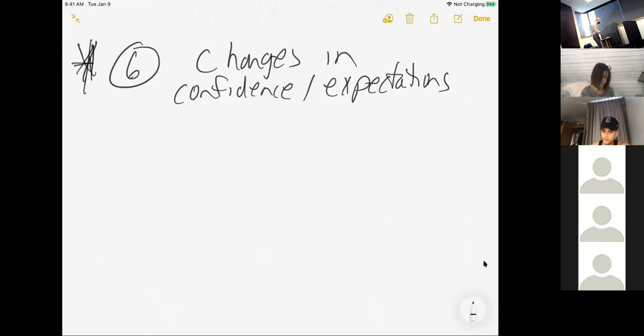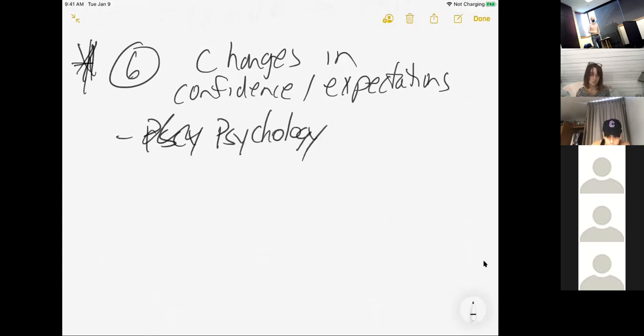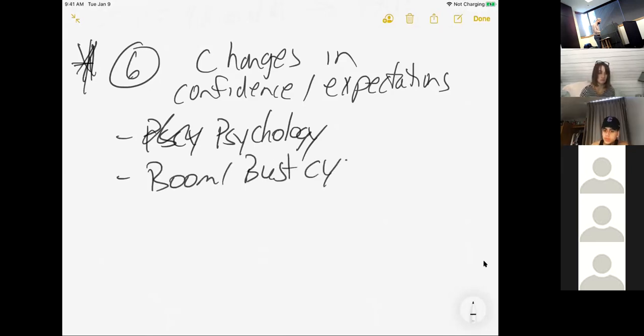In other words, psychology. Psychology likely plays a role in what aggregate demand is, where people get overly enthusiastic and they spend, and then they get overly fearful and they stop spending.